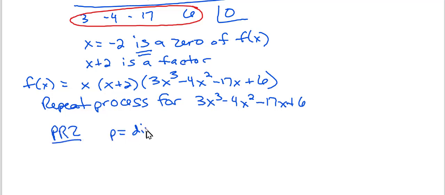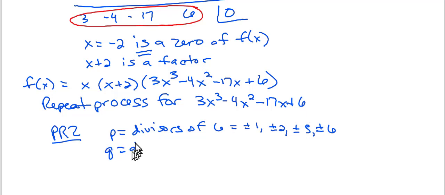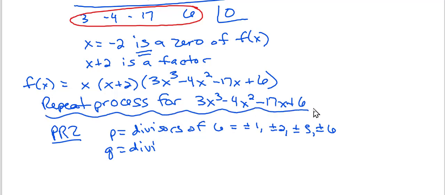P would be divisors, and I'm just doing this because it's going to narrow down my list. Plus or minus 1, plus or minus 2, plus or minus 3, plus or minus 6 would be dividing that 6. Q would be divisors of 3, since this is sort of doing it for this guy: plus or minus 1 and plus or minus 3.